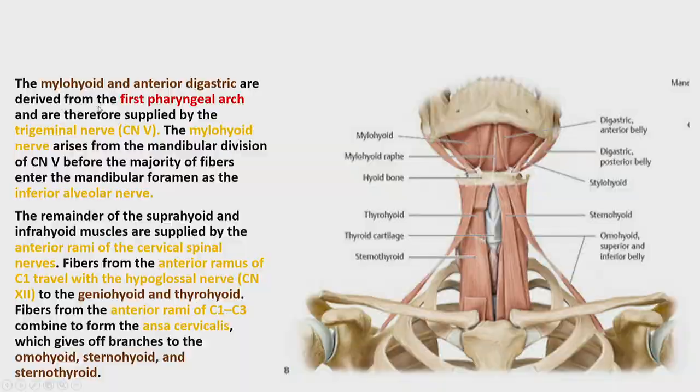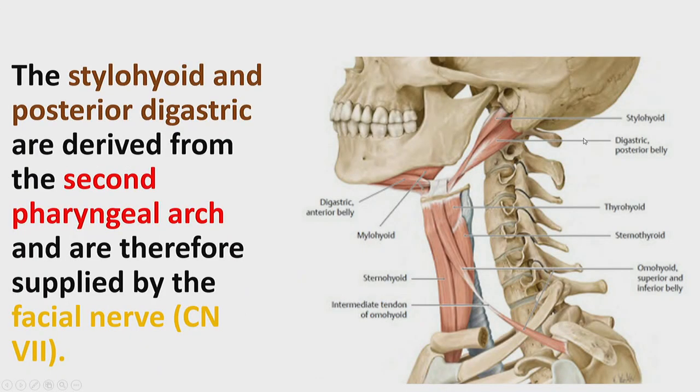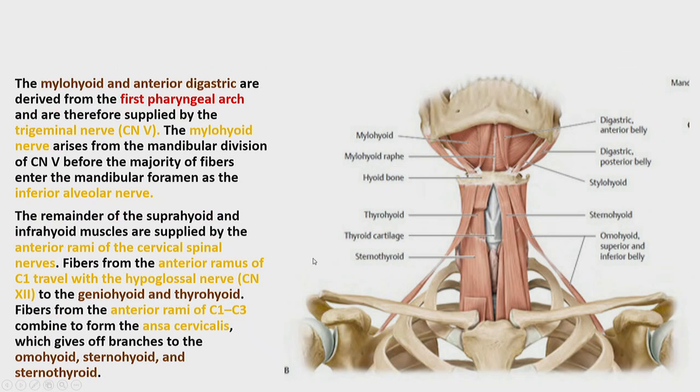The stylohyoid muscle and the posterior belly of the digastric, because of embryonic development, are from the second pharyngeal arch. They are innervated by the facial nerve, extremely important. Then the rest of the muscles, the mylohyoid and anterior digastric muscle, are developed from the first pharyngeal arch, so they must be innervated by the trigeminal nerve, which is, for example, the mylohyoid nerve.